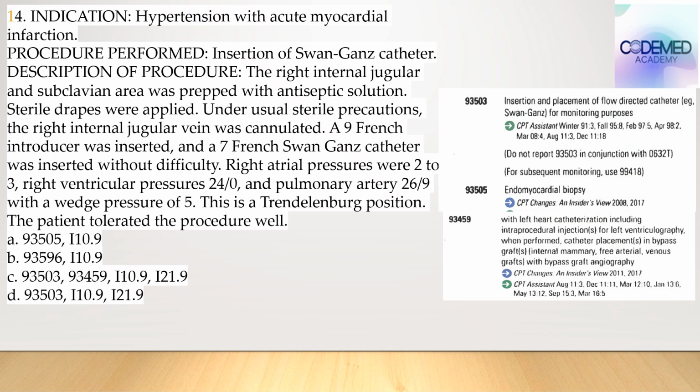And the other option is also not the correct code, and so we will zero down. So yes, 93503 is the correct code because it is the code for the Swan-Ganz catheter, and these two are the ICD codes. One is for the hypertension and the second is for the acute myocardial infarction.